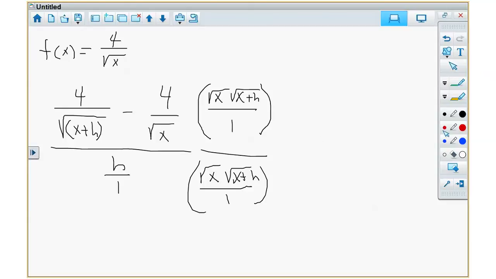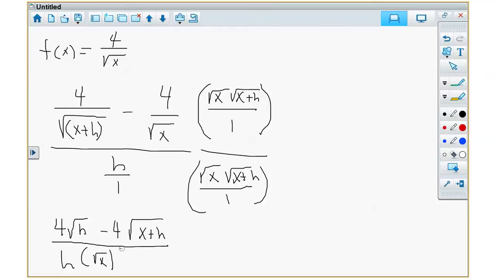Now that's going to give us 4 times the square root of x plus h minus 4 times the square root of x. Because what happens to the other one in each of these? What happens to the x plus h is right here. And what happens to the x? That cancels. So that's what you're left with, over h times the square root of x times the square root of x plus h.